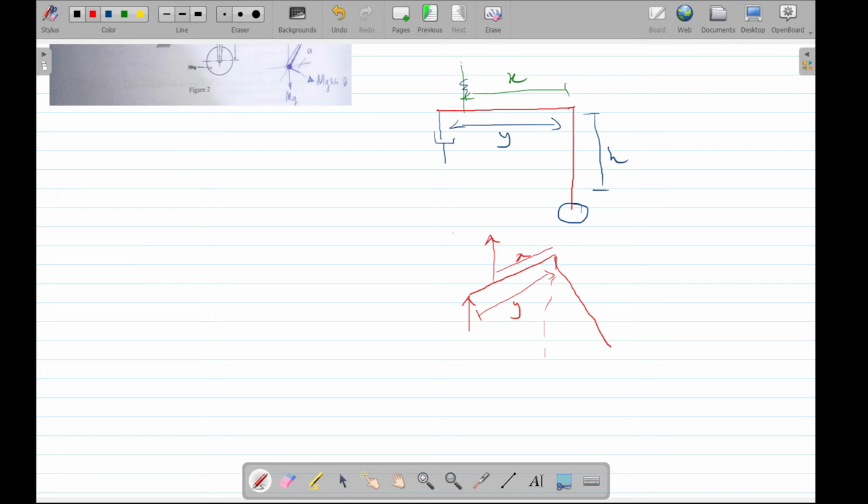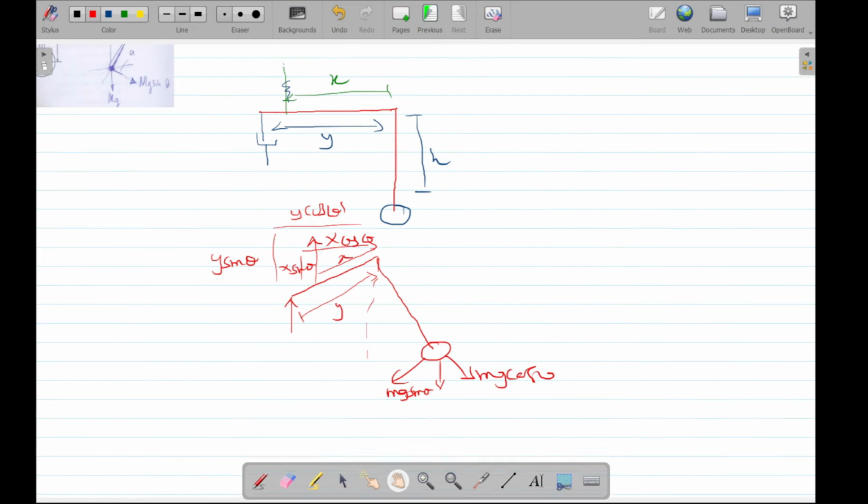So the y will be in terms of components y sine theta and y cos theta, and x will also be in components x cos theta, x sine theta. All right, and then we have the weights, and that will also be in components mg sine theta and mg cos theta.